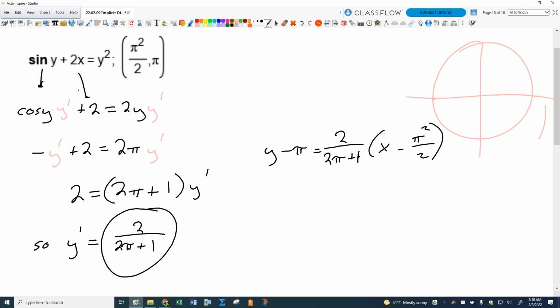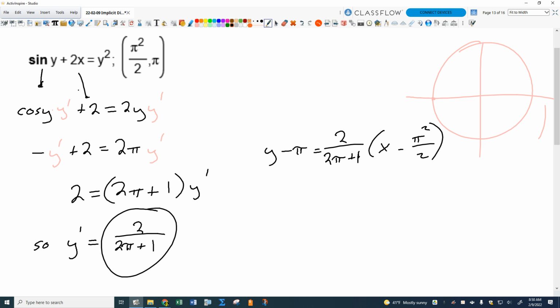That's it. If I really wanted to clean this up, I could distribute this to both parts and add the pi to the other side. But that's the equation of the line right there, in point slope form. Okay? We good on that one?